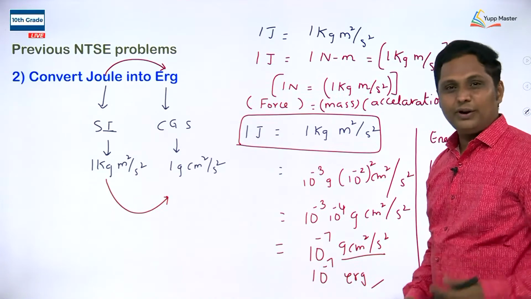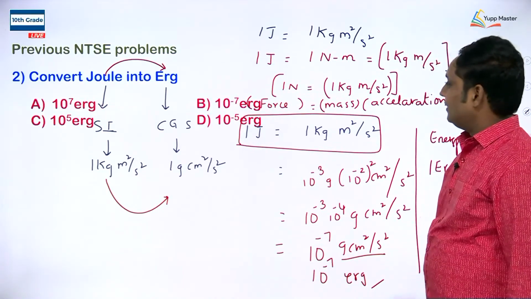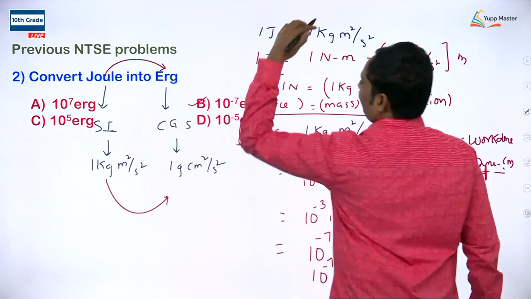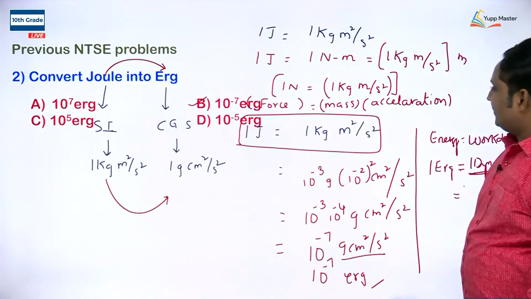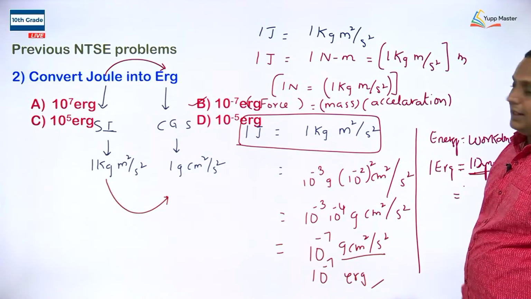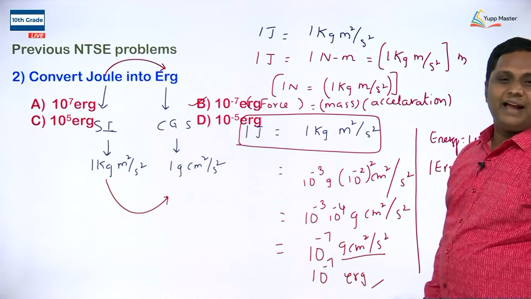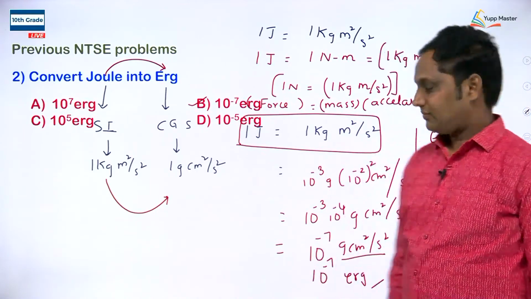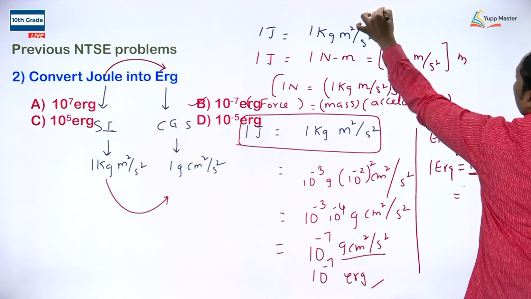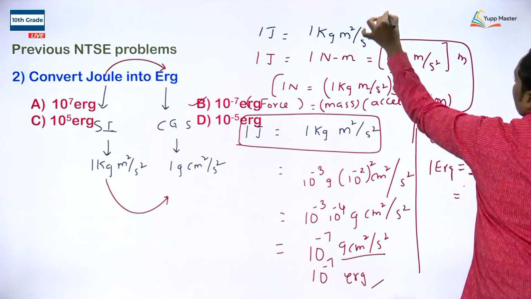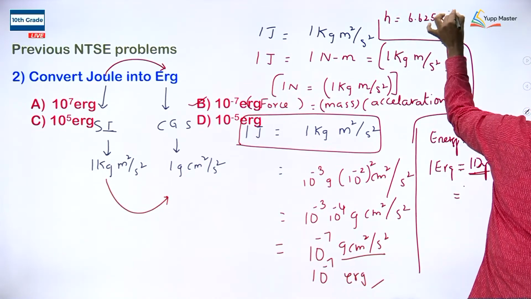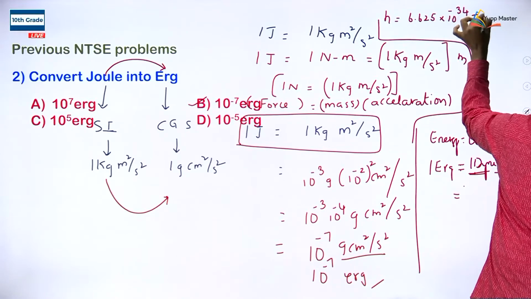Alright, let us go for another problem, let us see which is the correct answer, you can check it, it is easy. 10 to the power of minus 7 x 1 joule, it's very clear. If you want to get Planck's constant value, yes, you know the representation: h is equal to 6.625 into 10 to the power of minus 34 joule second.